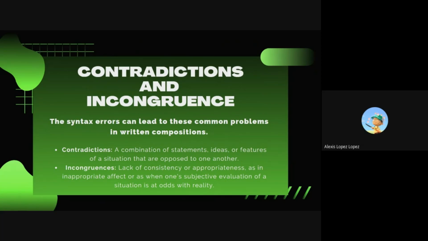So these will be the outcomes if you're committing errors or mistakes in your syntax while writing. The first one being contradictions. If you're using wrong terms or words that don't play correctly in the formulation of a sentence, it can lead you to say something completely different to what you really mean to say.